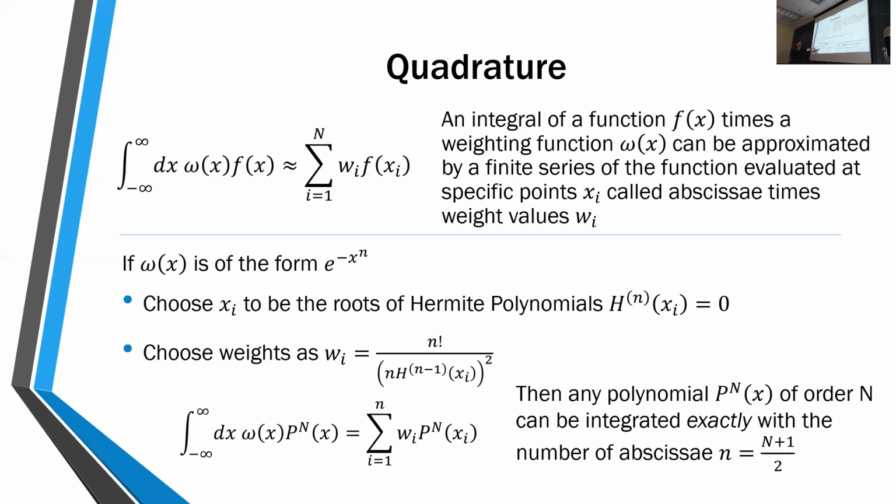Choose your weights like this, and this integral is exact, if you choose the right number of abscissa, with the n here being the top power of your polynomial. So that's a Gauss-Hermite quadrature. That was brand new to me.